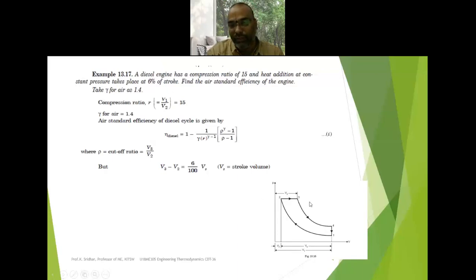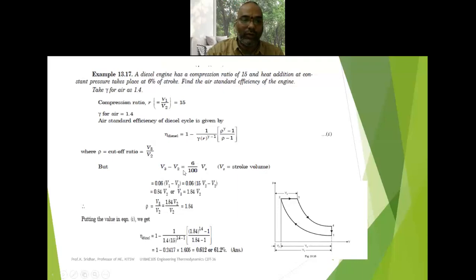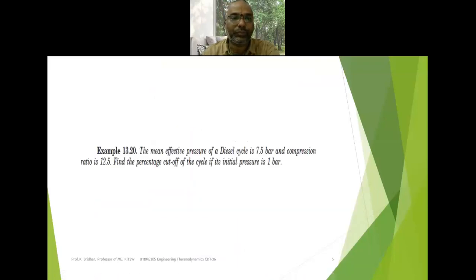Heat addition is the 2 to 3 process. So V3 minus V2 is 6 by 100, or 0.06, into Vs, where Vs is V1 minus V2. Substituting this, we find the rho value is 1.84. Substituting in the air standard efficiency equation, we find the diesel cycle efficiency is 61.2%.